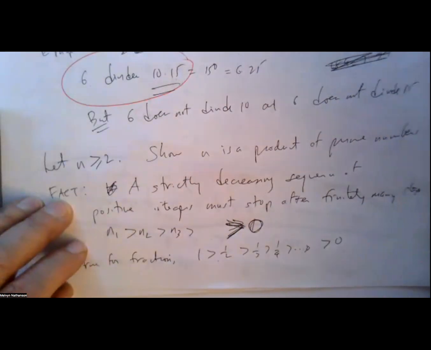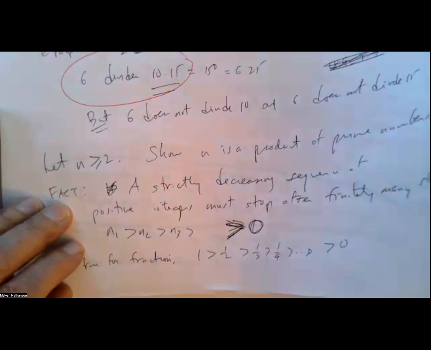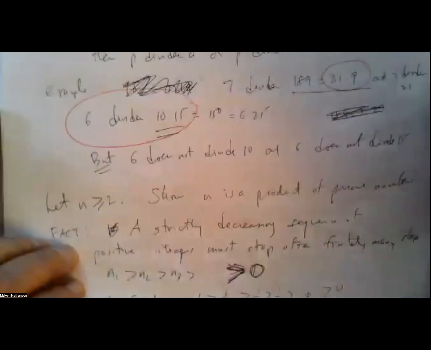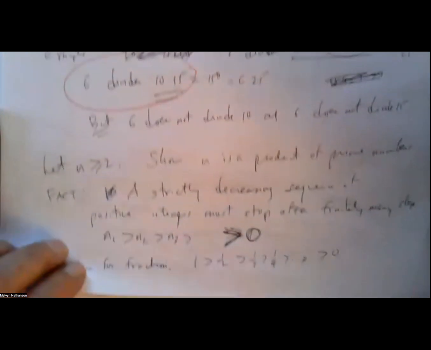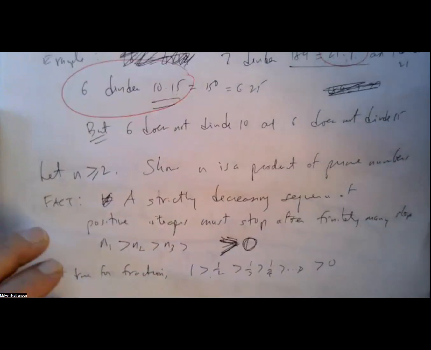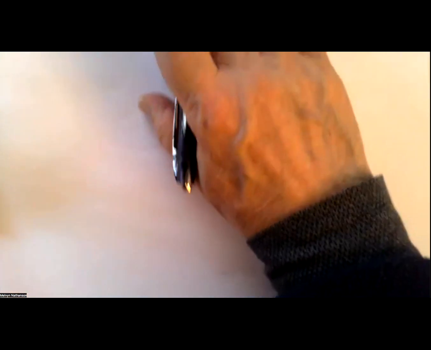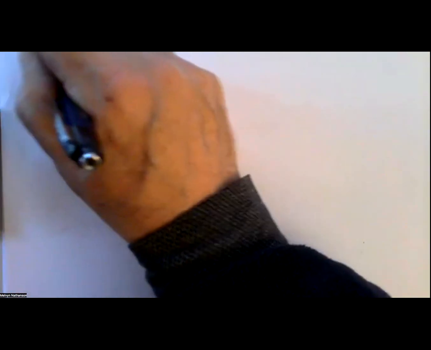So this is one of these things that is kind of obvious if you think about it, but you have to think about it and think of writing it down and realize how important it is. So let's just show how we use that here. Suppose n is a positive integer.